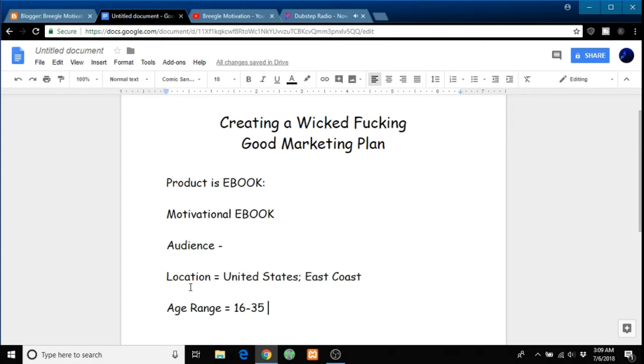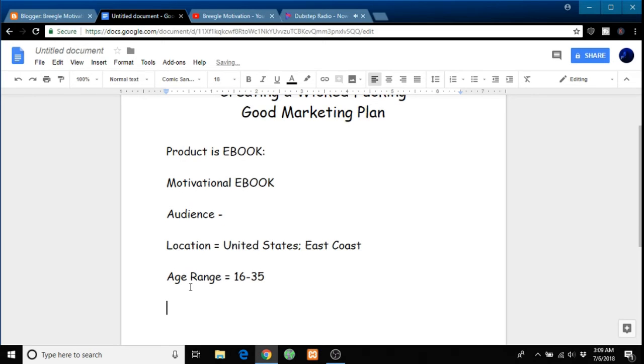Now you can go wider, you could go smaller, but this motivational stuff that I'm doing for this example is such a broad spectrum of things and people and niches, because I can motivate people in money, in fitness, in school. Basically, anything that you would need motivation for, you could do. Okay? So age range is going to be 16 to 35.